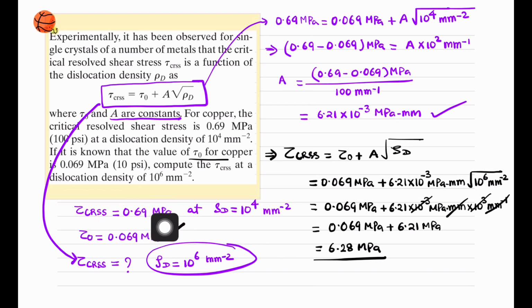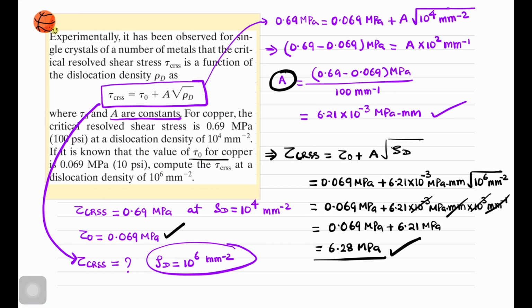With the help of these values we calculated the other constant A, and then utilized tau naught and A to find the critical resolved shear stress at the new dislocation density, which is 6.28 megapascal.